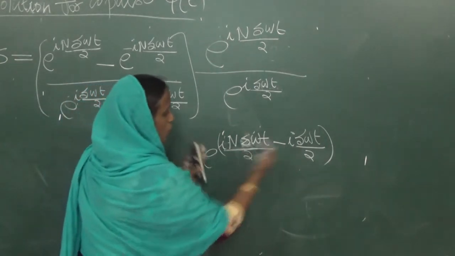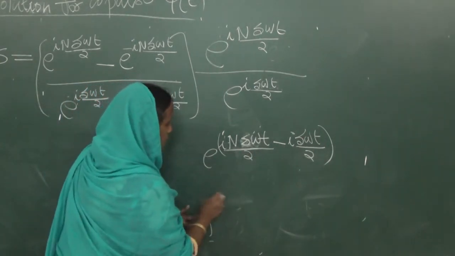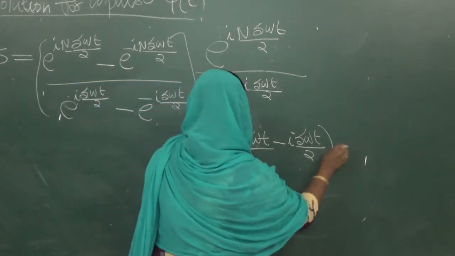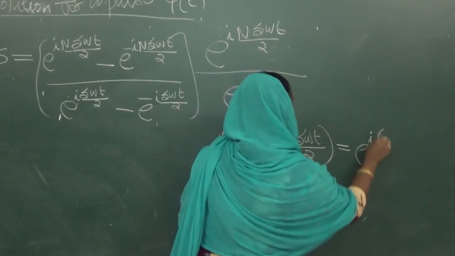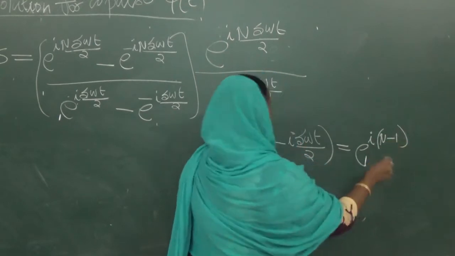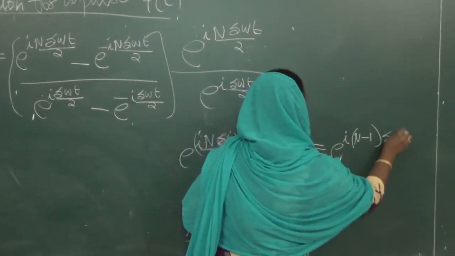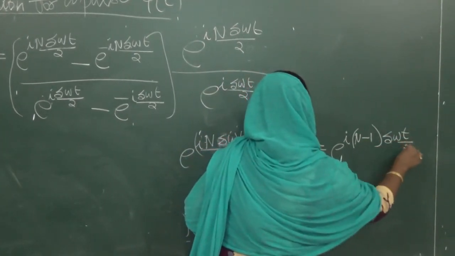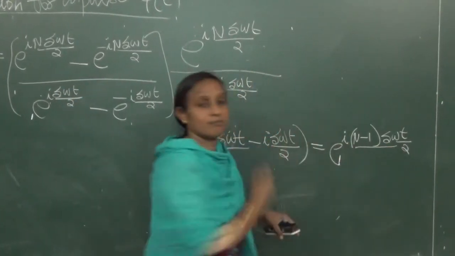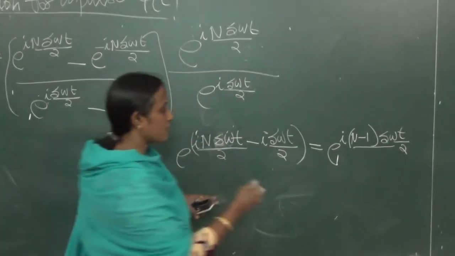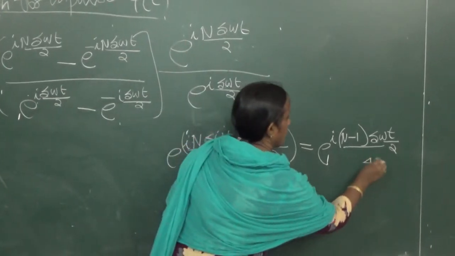Or you can join these terms together and so you get this as e raised to i n minus 1 delta omega t by 2. What is this n minus 1 delta omega? We already find it as delta omega.